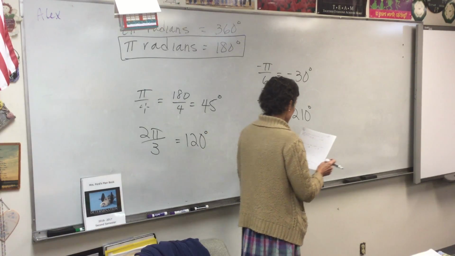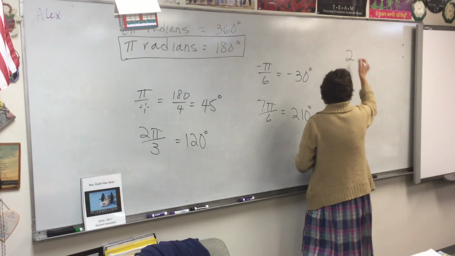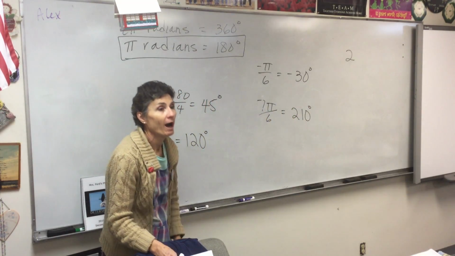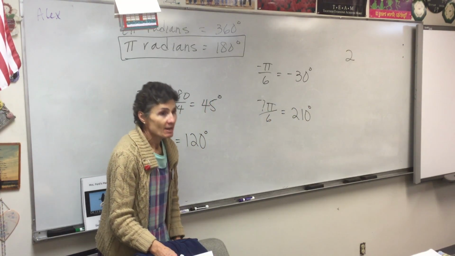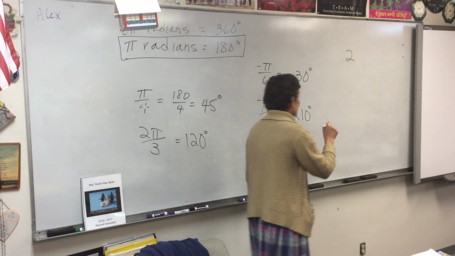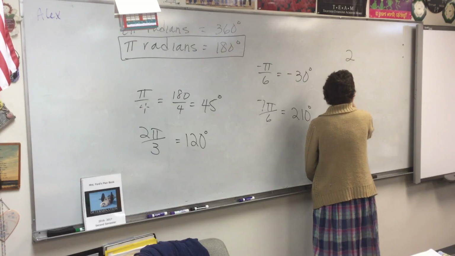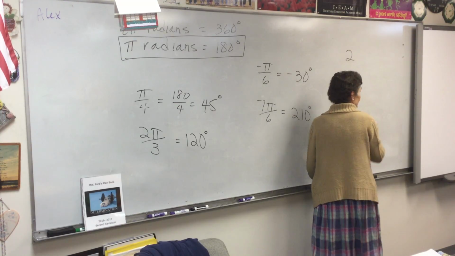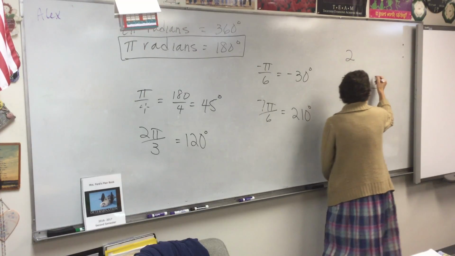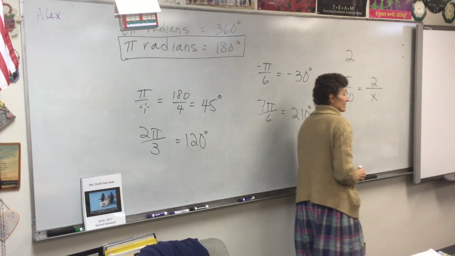Oh, shooty chooty. Look at E. What's different about E? There's no pi. That's wild. Then we got to do it the other way. We got to set up that proportion and say pi is 180 over... 2 over x.